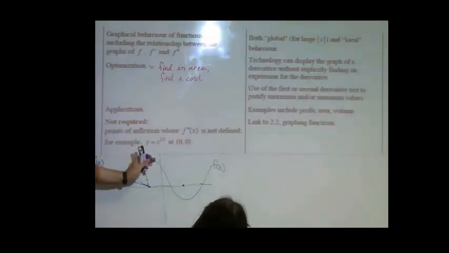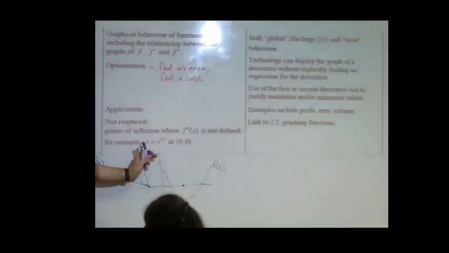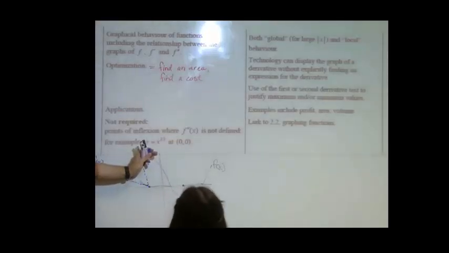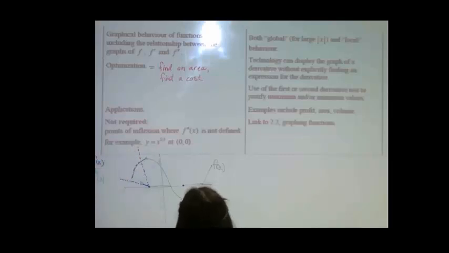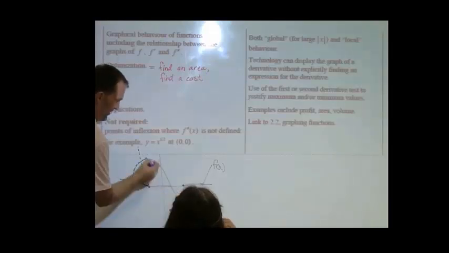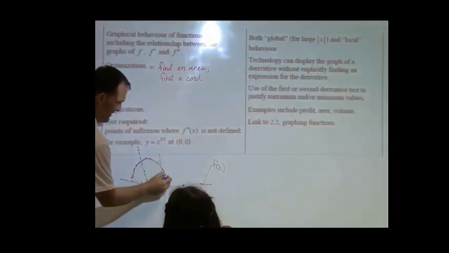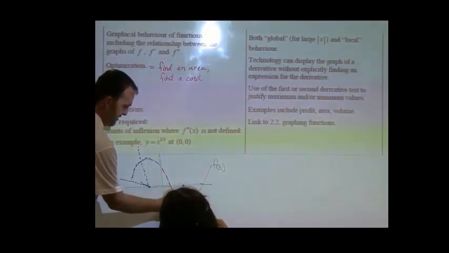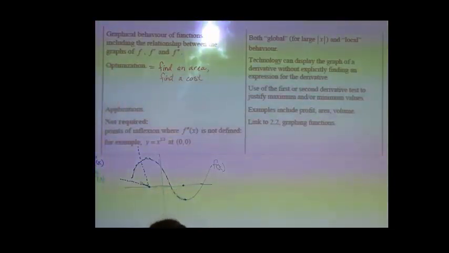To the right of the point, it's negative until, when does it stop being negative? After the minimum. It's going to be negative, negative, negative, really negative, not so negative, till we get to there.